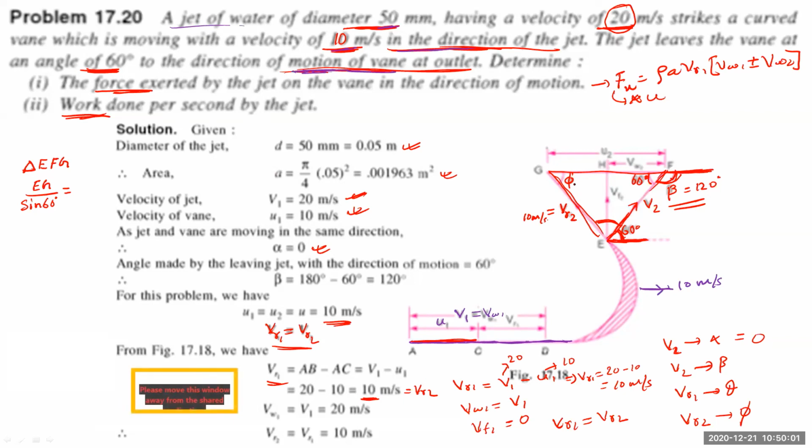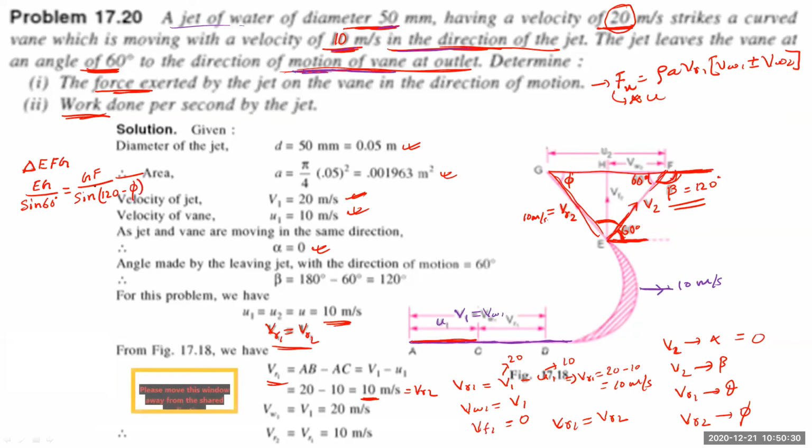So we can write 180 degree minus 60 minus phi, and we can get this angle. So I will write here GF upon sine of 180 degree minus 60 minus phi. So 180 minus 60 will be 120 minus phi.